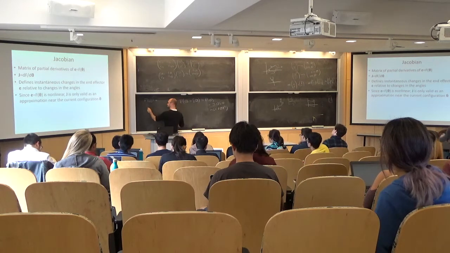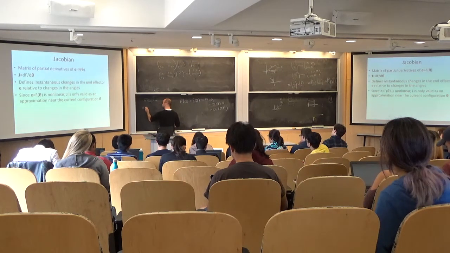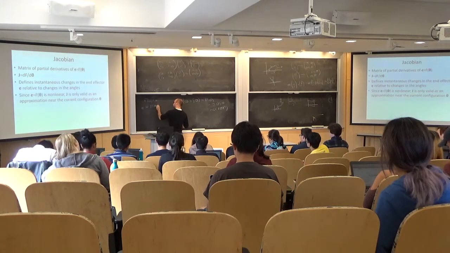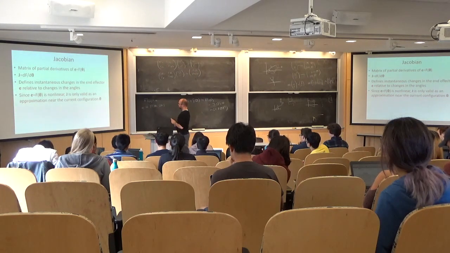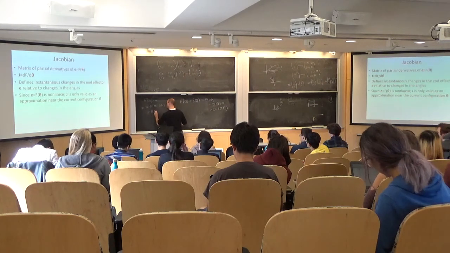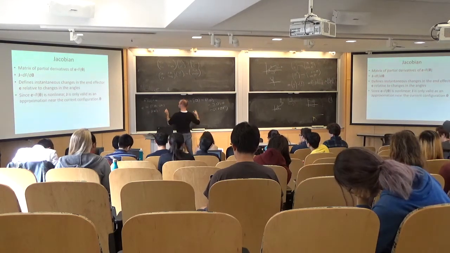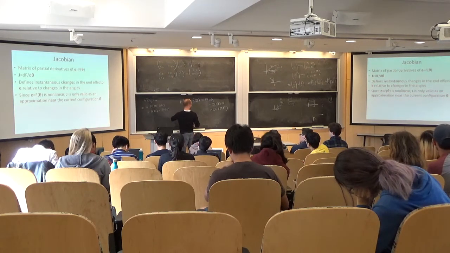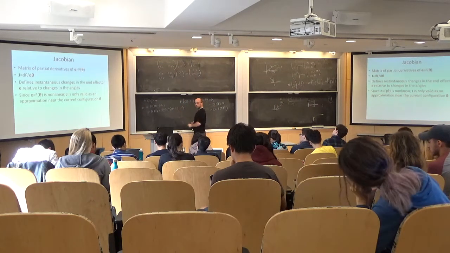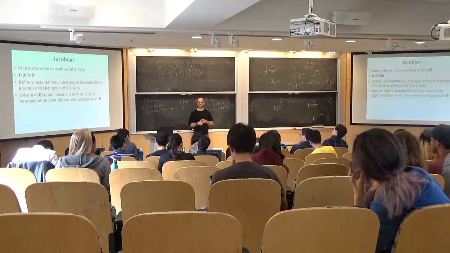So what I really want is that E is f of theta i plus delta theta, right? So in other words, this is f of theta i plus J of theta i times delta theta, plus, and then we're just going to remove the higher order term just as an approximation.